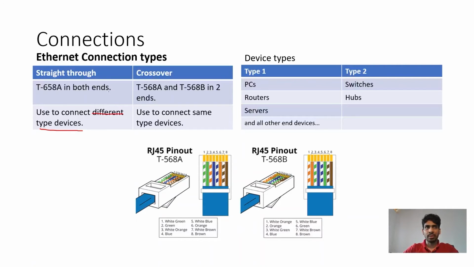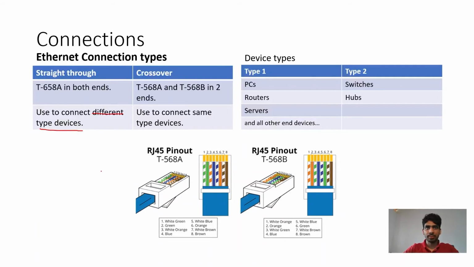The difference is that straight through has the same connecting pattern at both ends of the Ethernet cable, but crossover cables have two connecting patterns. You learned this in ICS in the first year first semester, so I'm just revising it.